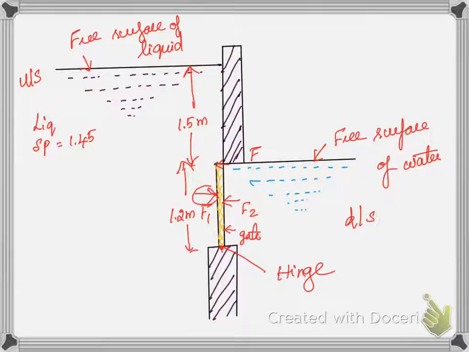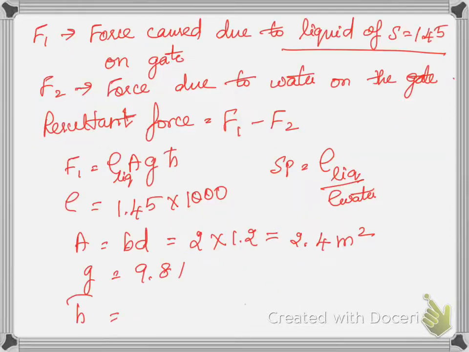So I have to count from the top surface, the free surface of the liquid. So my H bar will be 1.5 plus, since the force is acting at the center of the gate, the height of the gate 1.2 by 2, which is 2.1 meter. So H bar is nothing but the depth of center of gravity of the gate from the free surface of the liquid. Note it down: depth of center of gravity of the gate from the free surface of the liquid.